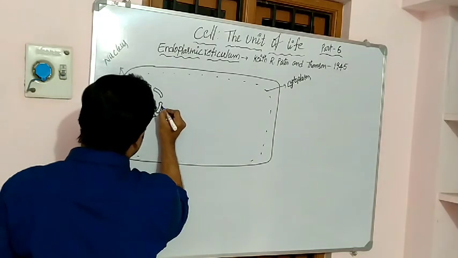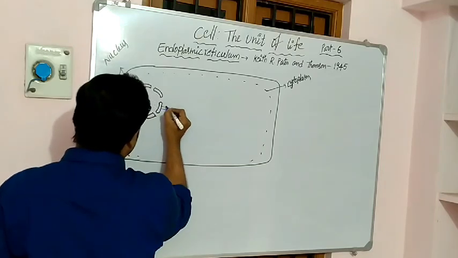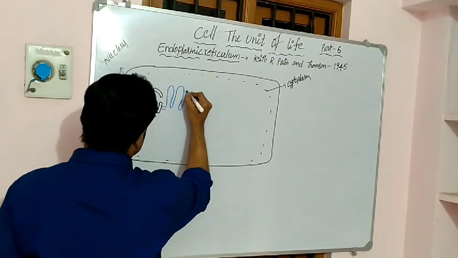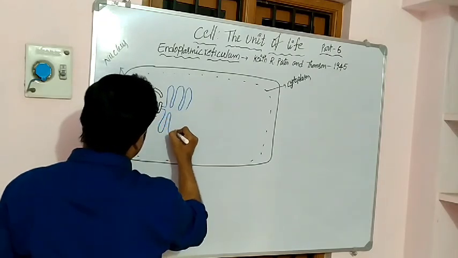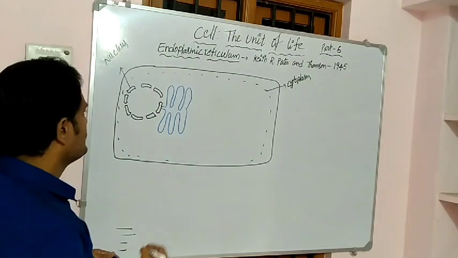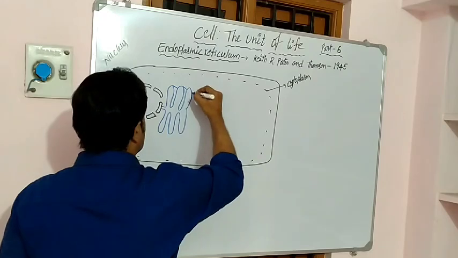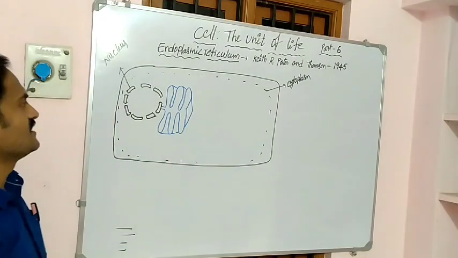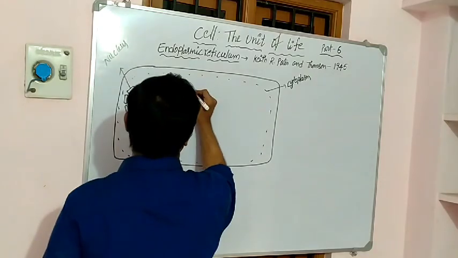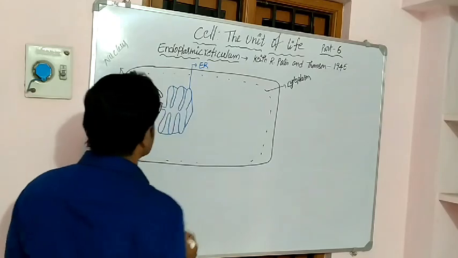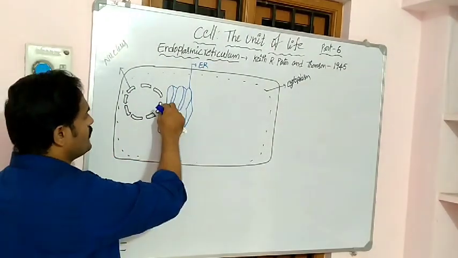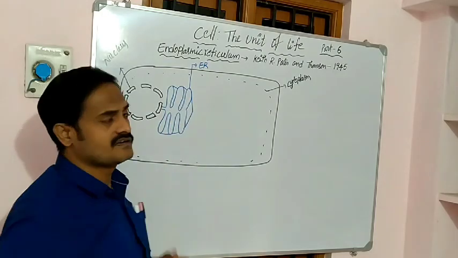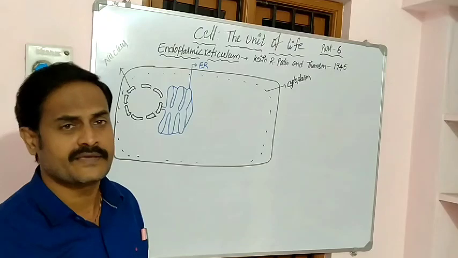This is the outermost membrane, and from the outermost membrane one more important cell organelle arises, like this, a network-like membrane. This cell organelle is called the endoplasmic reticulum, in short ER. The outer membrane of the nuclear membrane continues as one cell organelle, and that organelle is called the endoplasmic reticulum.